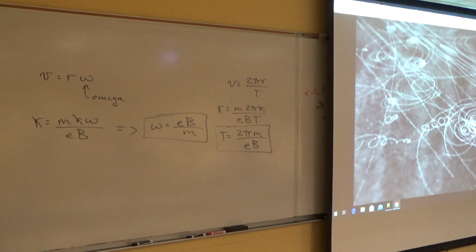Plus, you also get a helix. If there's a component of the vector along the field, the particle will spiral in the field like a helix. What are the straight lines? Could be. Anything else you can think of?